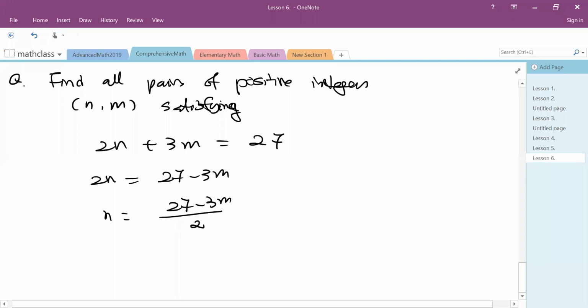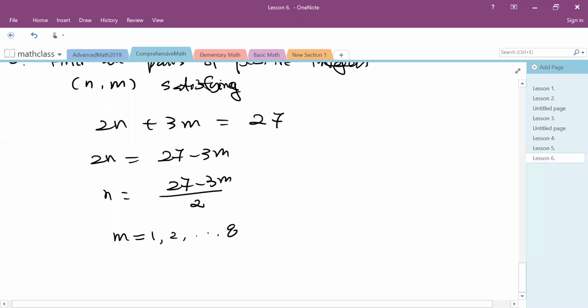When you look at this, first of all, the possible values for m are going to be 1, 2, up to 8, because if m is 9, you get 0. You have to make sure n is positive.